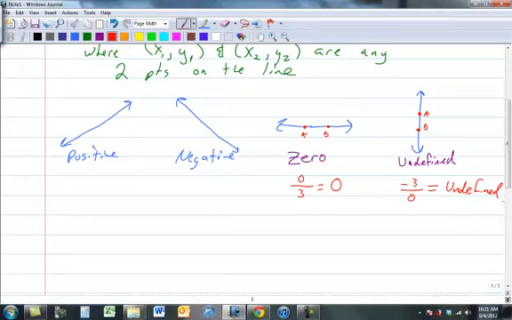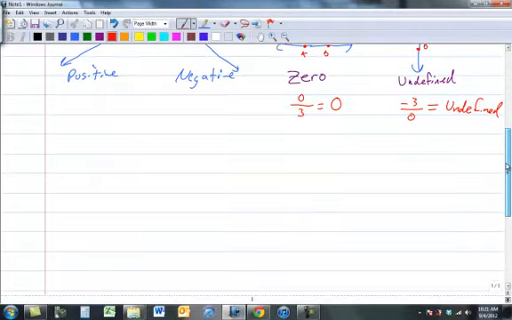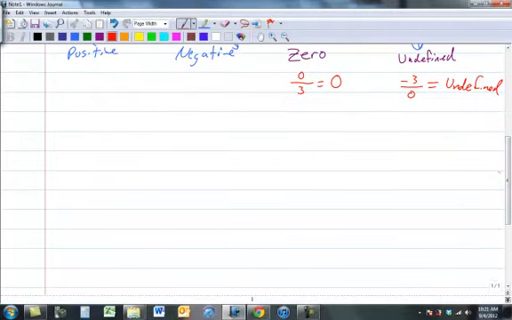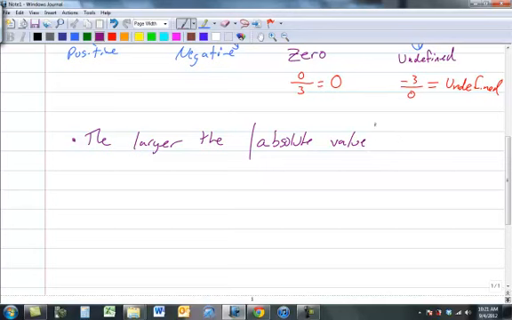All right, and I've got a thing with a ruler that I'll show you more about. A couple things to remember about slope. The larger the absolute value of the slope, the steeper the line.